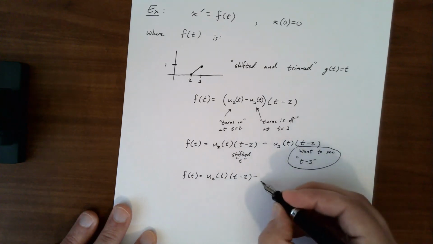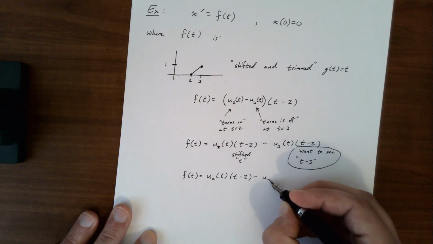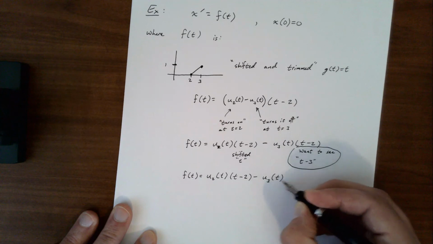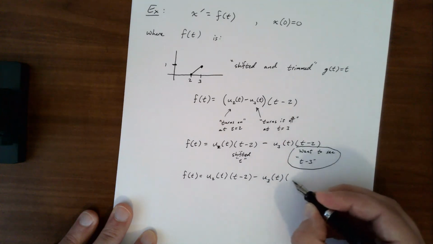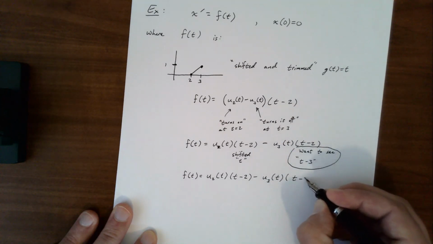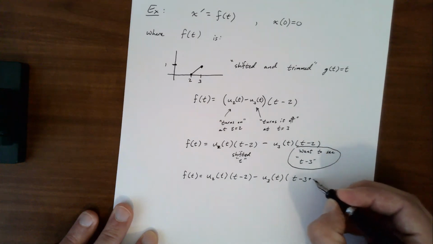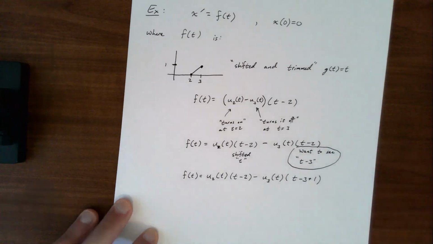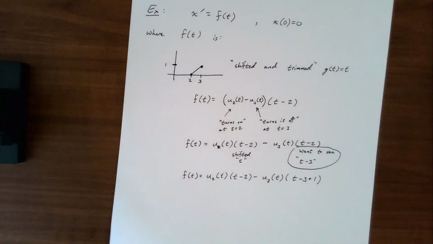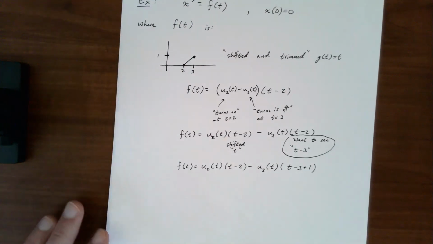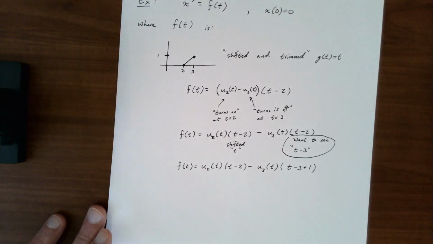This one, though, is now t, and we want to see t minus 3, but in order to make that happen, I essentially had to subtract 1, so to balance the books, I have to now add 1. So t minus 3 plus 1. Because I needed to be looking at literally a t minus 3 there.